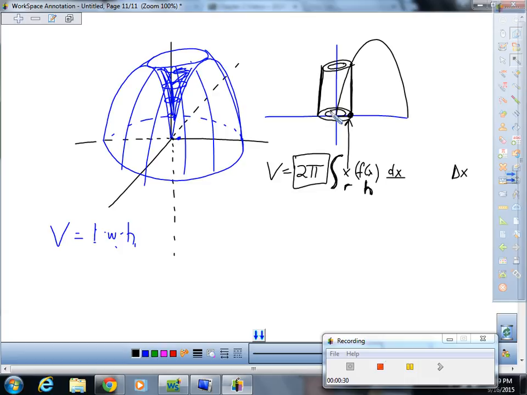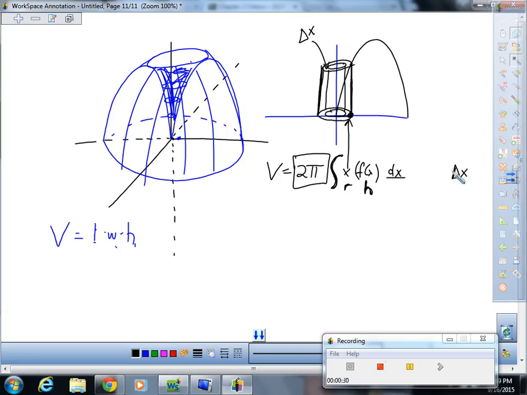That thing has volume now. It doesn't just have surface area. Can you envision that? And this thing right here is delta x, right? And by definition, our integration takes place as this delta x approaches what? As it approaches 0.